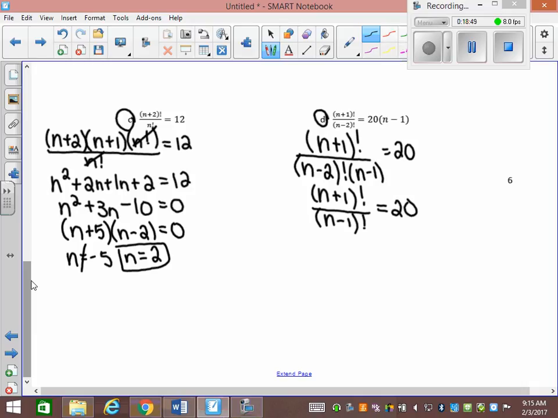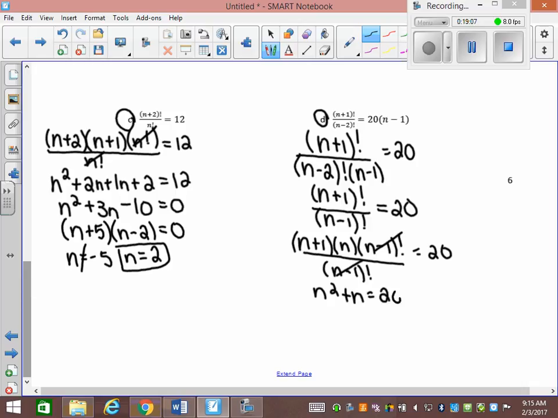Let me try this one out. So we'll get n plus 1, n minus 1 factorial over n minus 1 factorial equals 20. They cancel. Expand it out so you get n squared plus n equals 20. And you distribute. Move the 20 over by subtracting it. N squared plus n minus 20 equals 0.